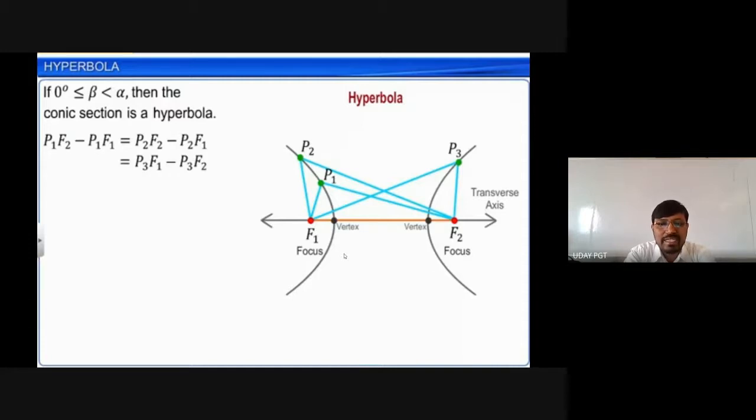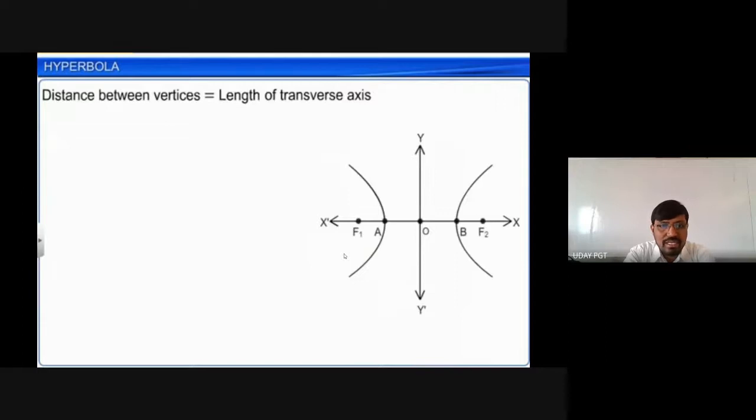The point of intersection of the transverse axis with the hyperbola is called a vertex, and the midpoint of the two vertices is called the center. A line passing through the center perpendicular to the transverse axis is called the conjugate axis.